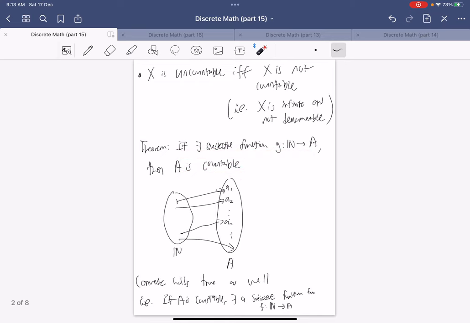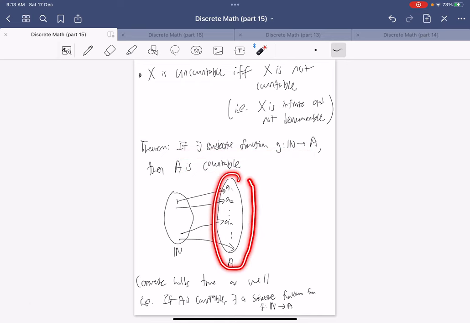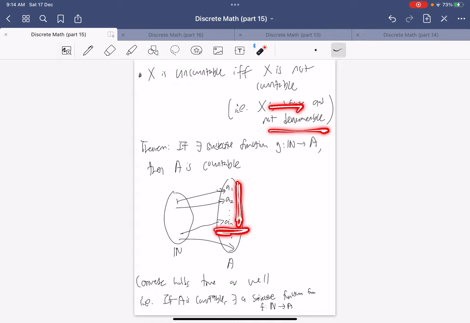If there exists a surjective function, meaning every element in A has an input from the natural numbers, you can just label that element by what natural number is its input. And so you realize that A can be listed out by the natural numbers. That means A is either denumerable or finite, because maybe A stops at n elements, then the list could have more, but it's all listed out already.